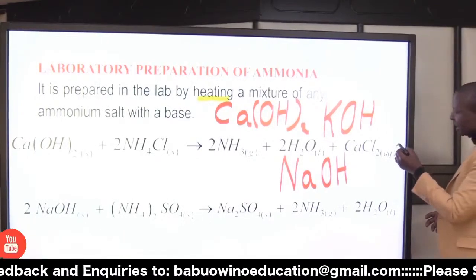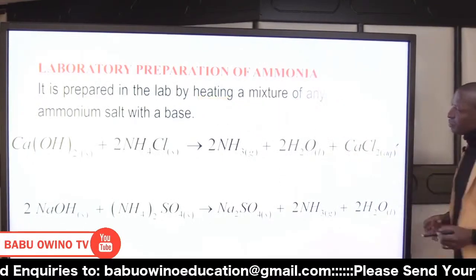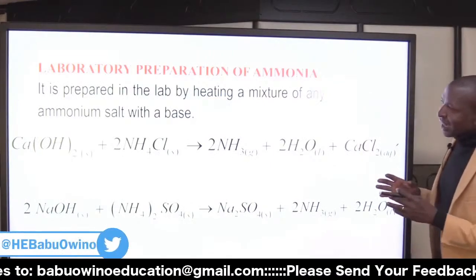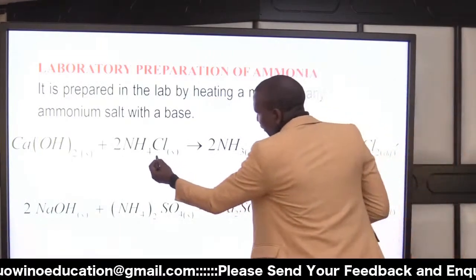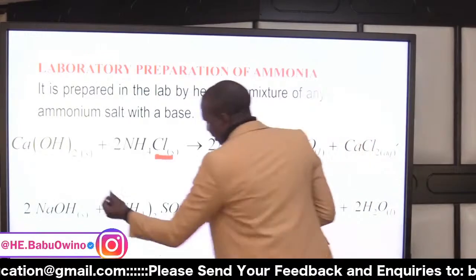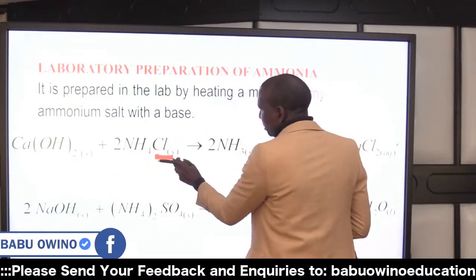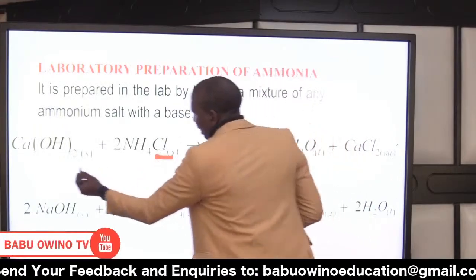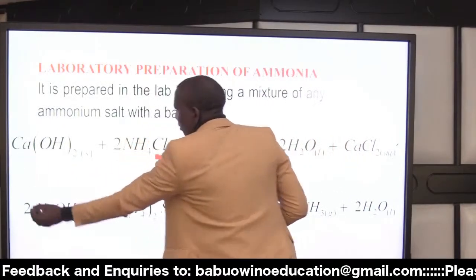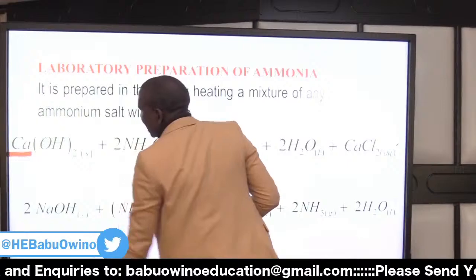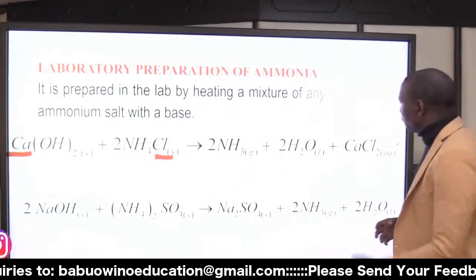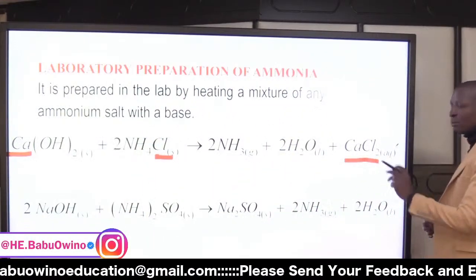When this reaction is taking place, here we have ammonium chloride reacting with calcium hydroxide. So the anion from the ammonium salt, in this case chloride, will react with the cation of the base, that is calcium, to form calcium chloride.